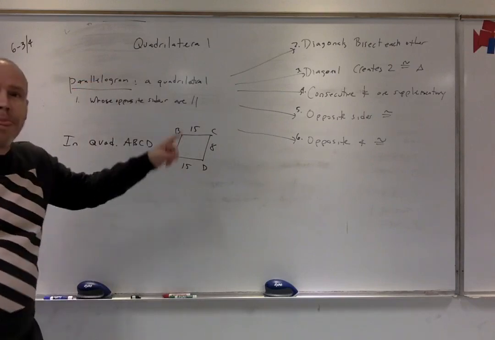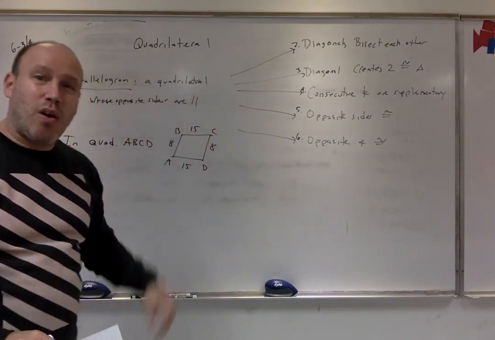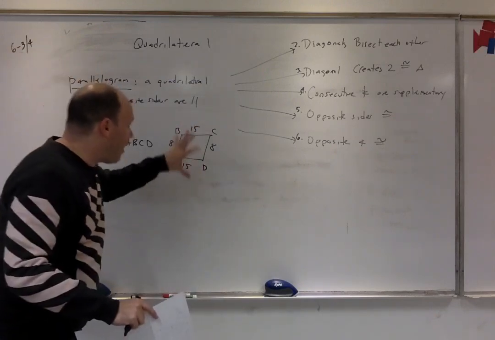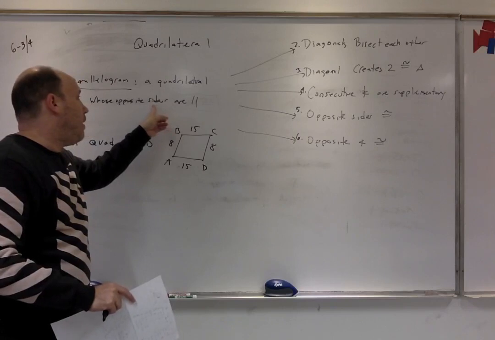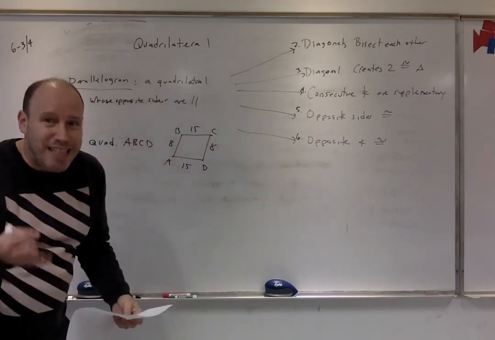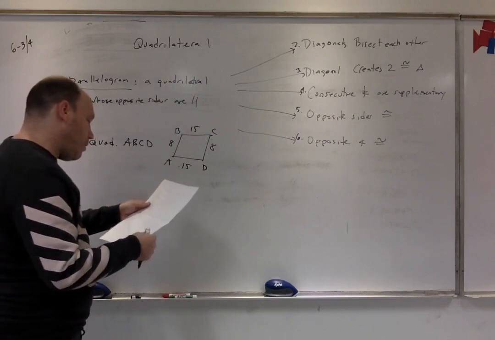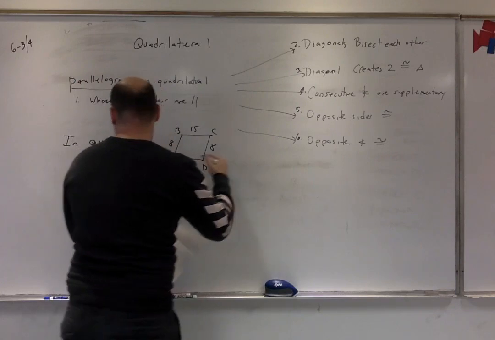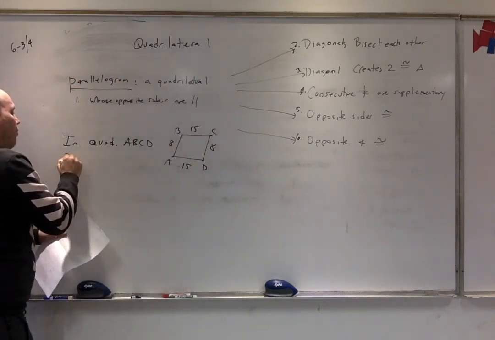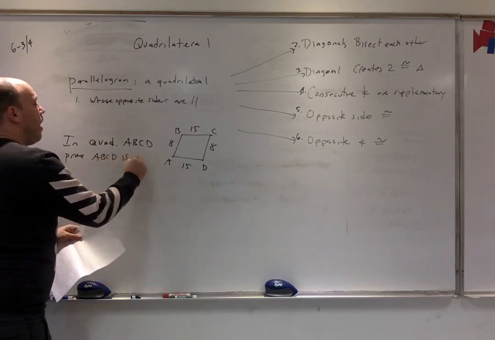The question is, is that a parallelogram? Just by telling you the opposite sides are congruent, can I get back to opposite sides are parallel? And the answer is yes. Let's do a proof of this. Prove ABCD is a parallelogram.